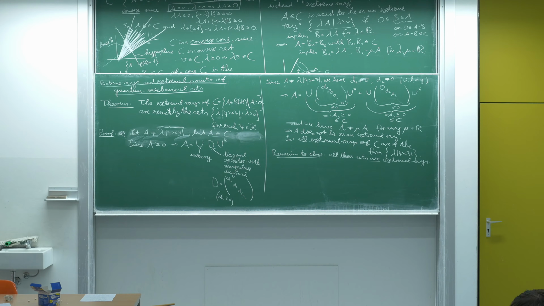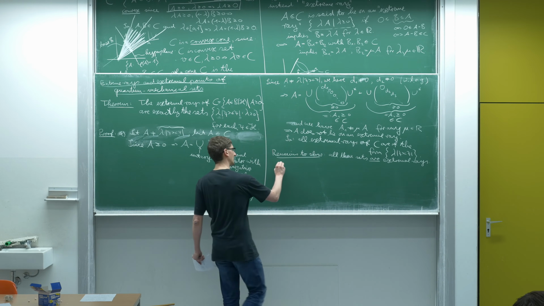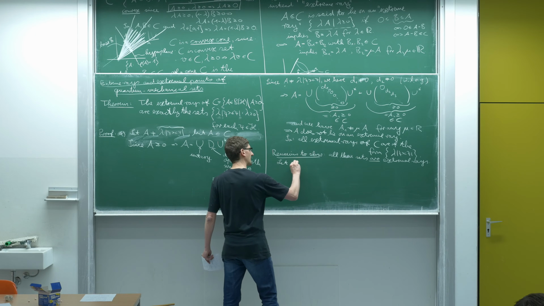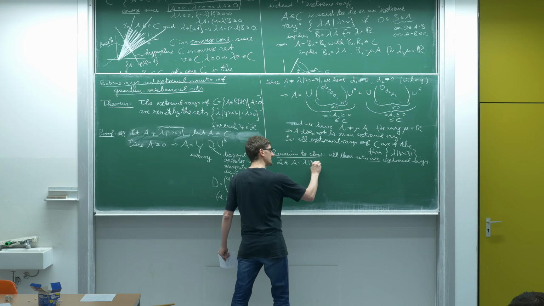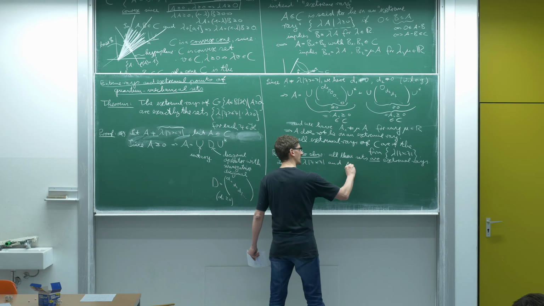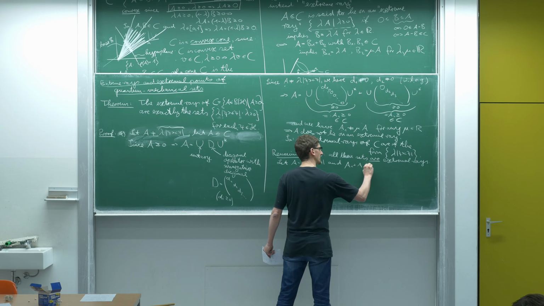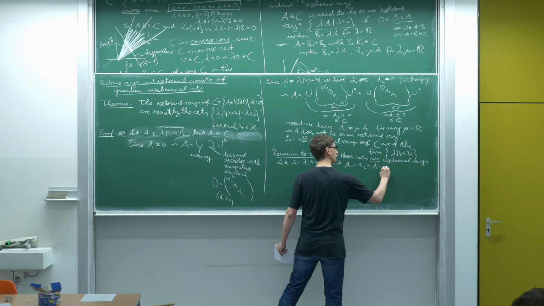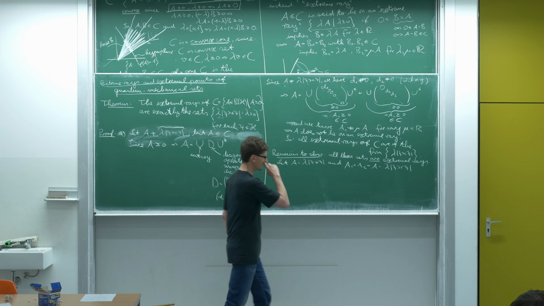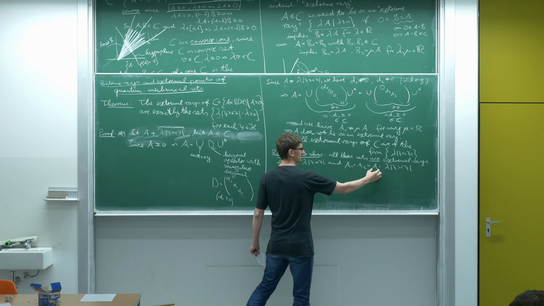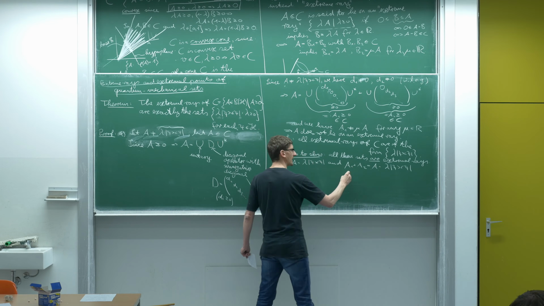So how are we showing this? Let A be an element of such a set, and A1 plus A2 is equal to A. So we want to write this element as a sum of two elements of the set.